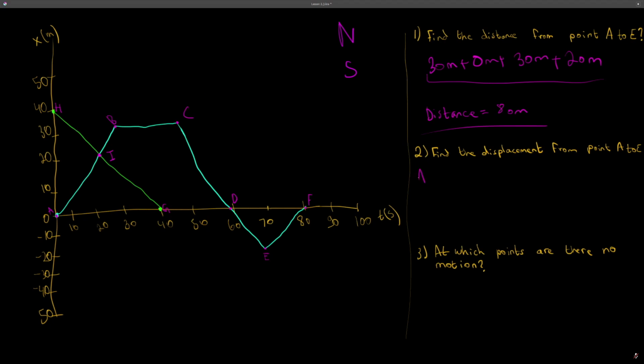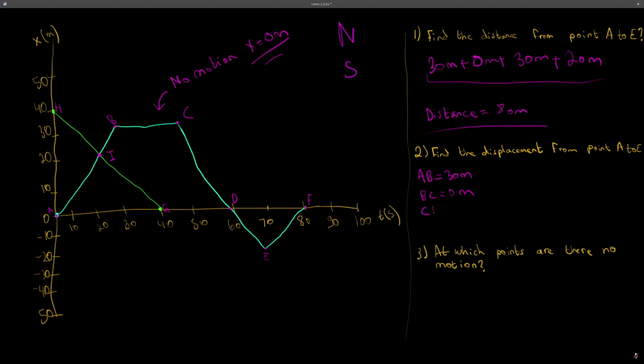So from point A to B again, it's equal to 30 meters. From point B to C, it's equal to 0 meters. Did not move. Whenever there's a straight line in a position time graph, it means no motion. So x is equal to 0 meters.